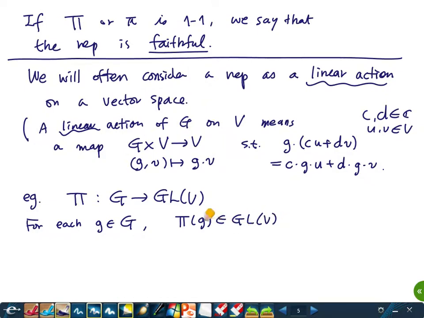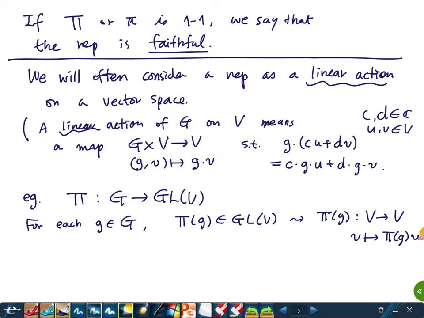But what is this? It means it's an invertible linear transformation. So pi of G is a map from V to V. That means it sends an element V here to an element here, which is, of course, pi of G of V. Because it's a linear transformation, it will be another vector.